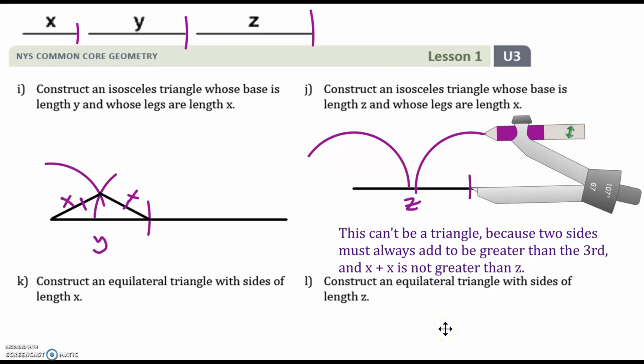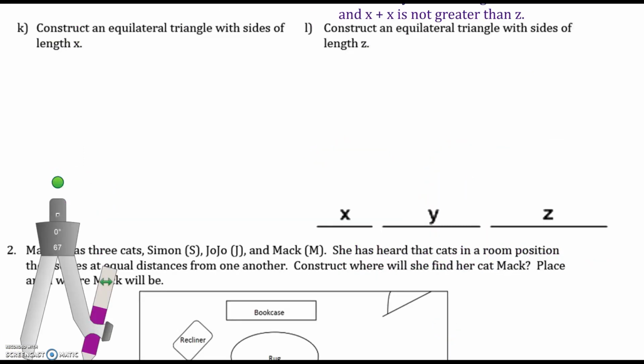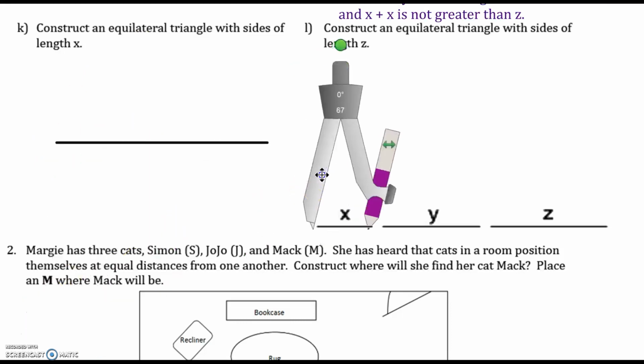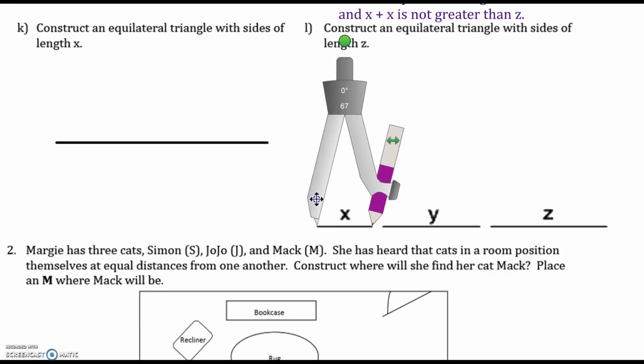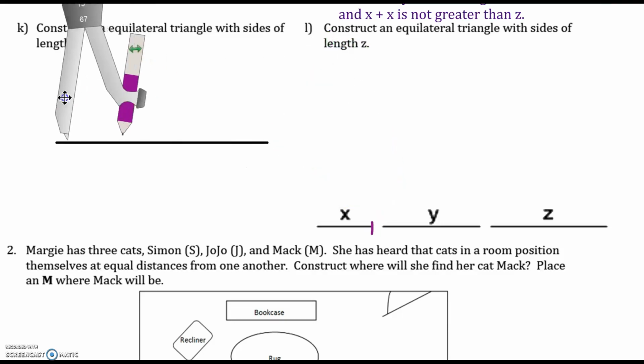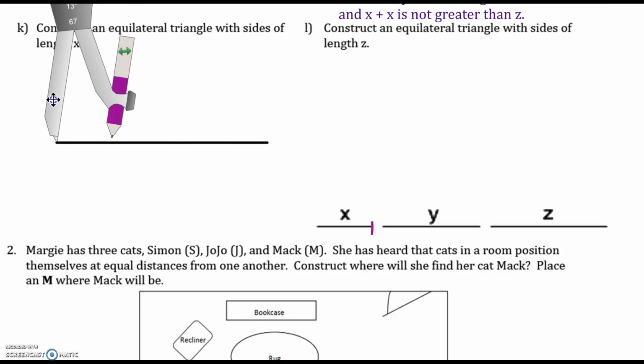All right, going on to K, we're going to construct an equilateral triangle with sides length X. So I've got my segment to put them on, and I'm going to measure X, and this time equilateral means all three will be the same. So I don't have to change it once I've measured X. I'm going to go to one end of my segment, and I'm going to measure the base.